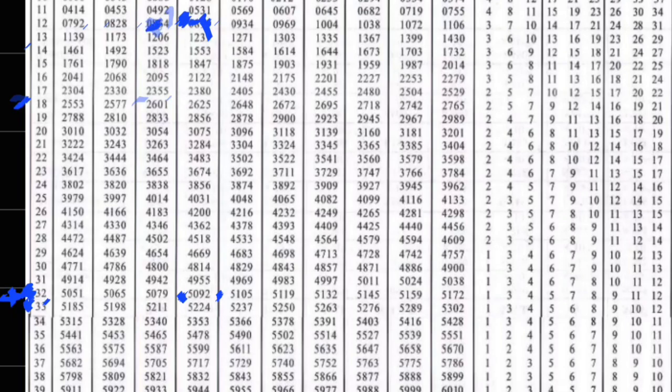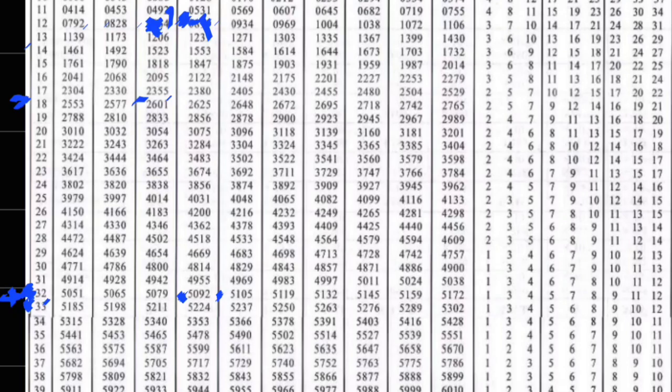This is 2 here. As you are checking 14, you are going this way, and 2, you are going that way. They will come and meet here. Once they meet there, you check the number that is there. What's the number that we can see there? 1523. That's the number.